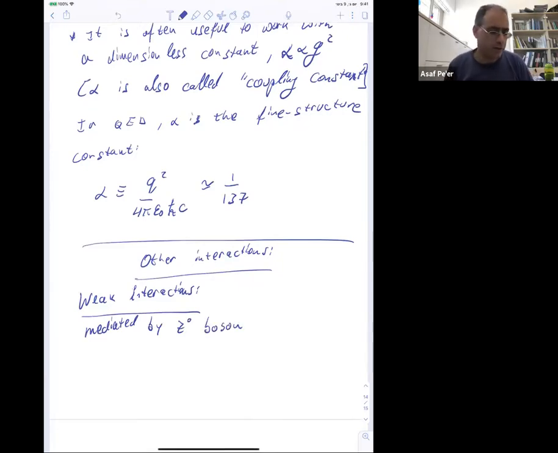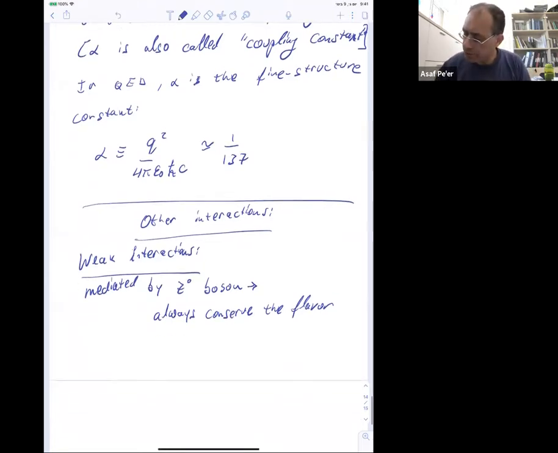They always conserve the flavor. These are known as neutral current interactions, which is jargon, because they are transmitted by an electrically neutral boson.